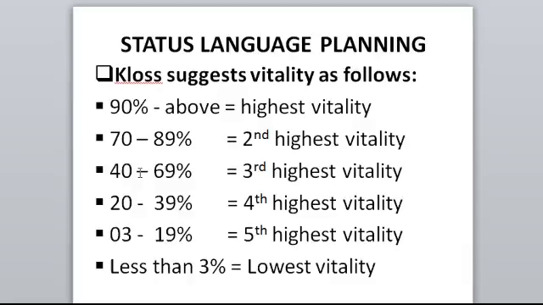Then 40 to 69% represents the third highest vitality. Then 20 to 39% represents the fourth highest vitality. Then 3 to 19% represents the fifth highest vitality. Then less than 3% represents lowest vitality.